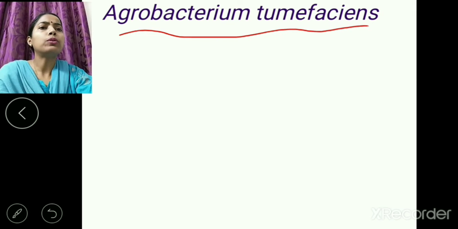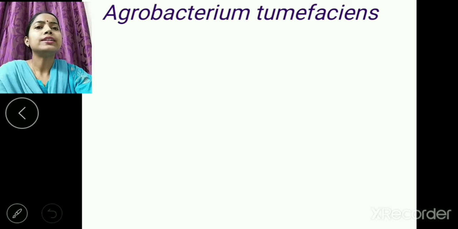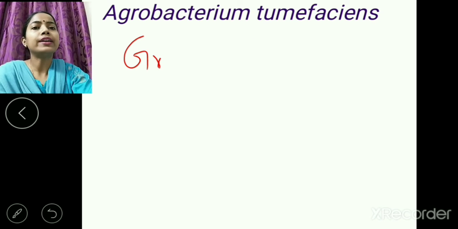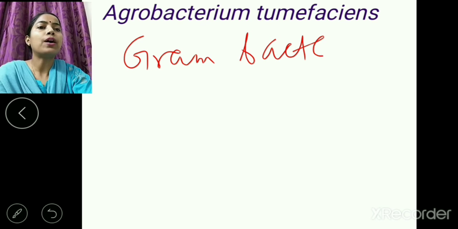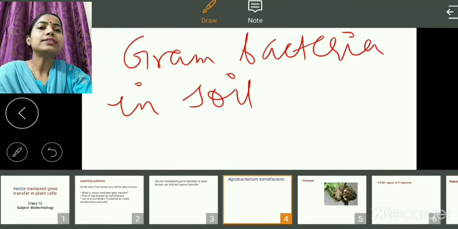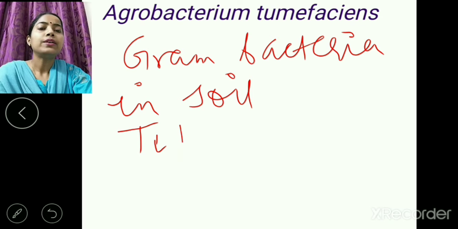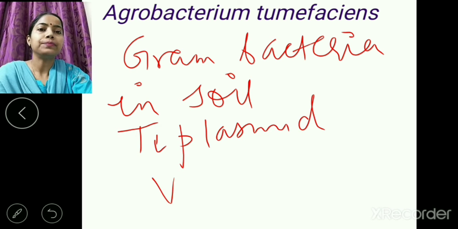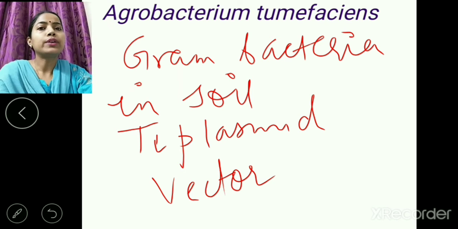About Agrobacterium tumefaciens, it is a gram negative bacteria that is found in the soil, and it carries the Ti plasmid which we are going to use as a vector, as a carrier or a cloning vehicle to carry our desired gene or foreign gene into the plant cells.